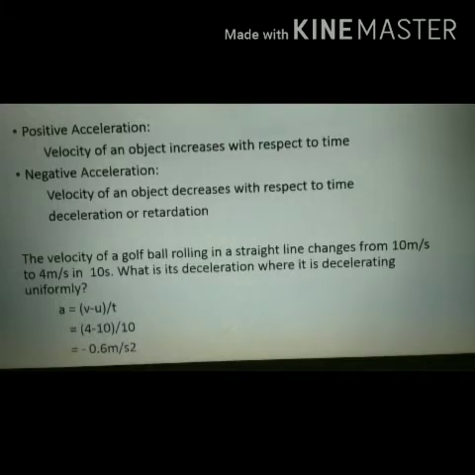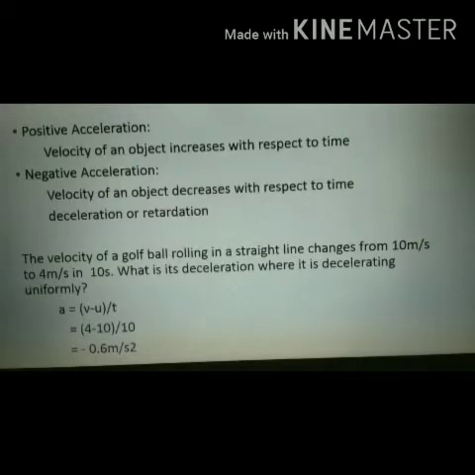Now, can you think and say what is the initial velocity? Yes, initial velocity is 10 meter per second. And what is final velocity? Final velocity is 4 meter per second. And what is the time taken? 10 seconds.